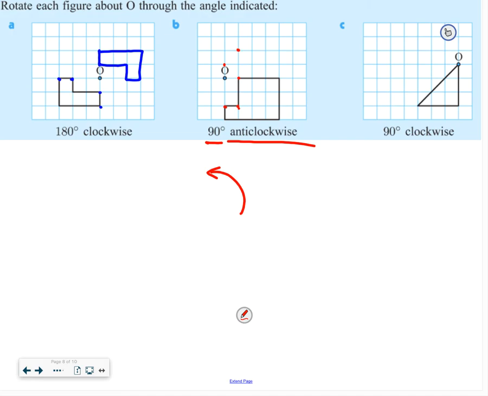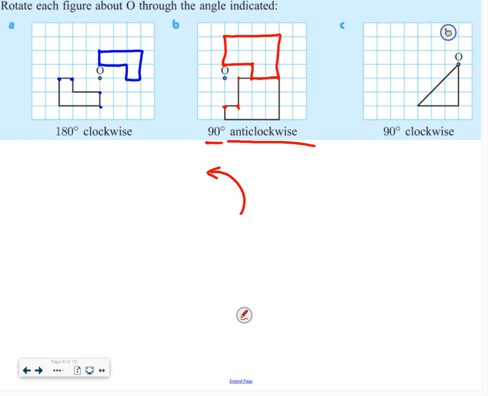Here I'm 2 away, and as I rotate 90 degrees, I'm going to be there. Actually, I think this point ends up being there. As I rotate this 90 degrees, it's 4 away, so I'm 4 up here. Then I see my object, kind of a rectangle with a slice cut out, rotated there.